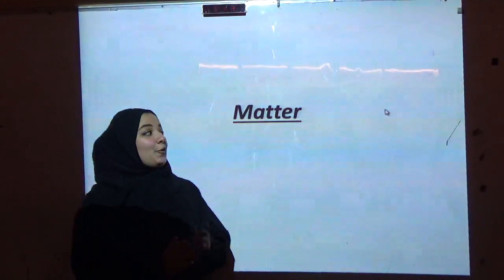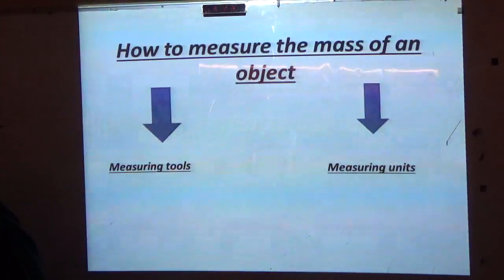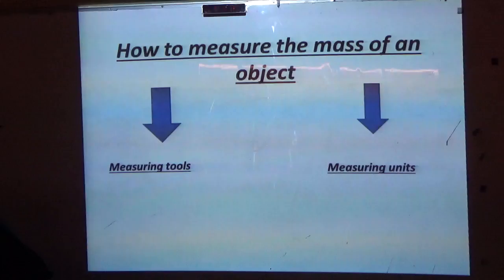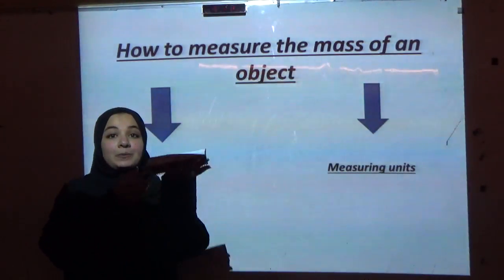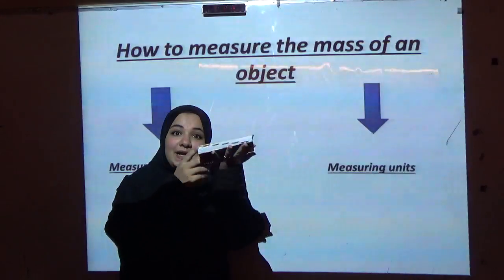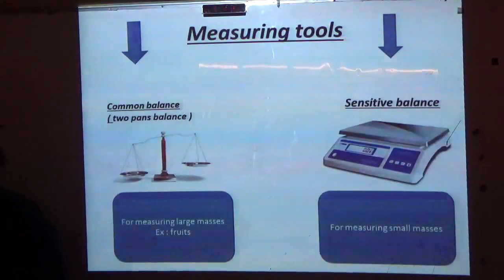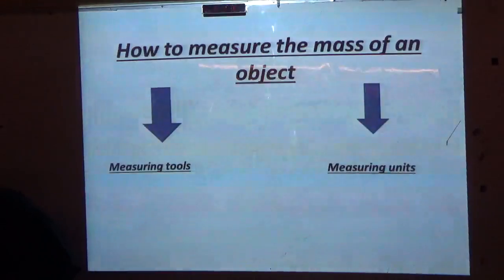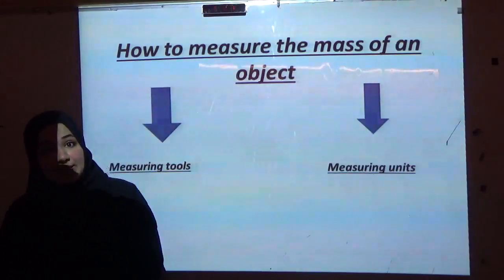Now we will discuss another thing about the matter, which is how to measure the mass of an object. How to measure its mass. To measure the mass, I also have the measuring tool and the measuring unit.